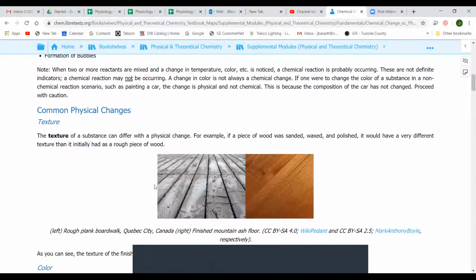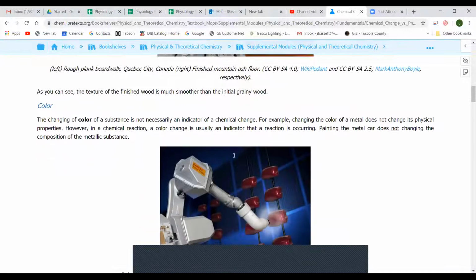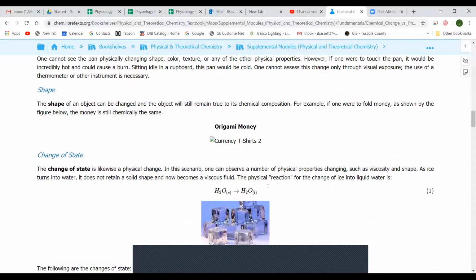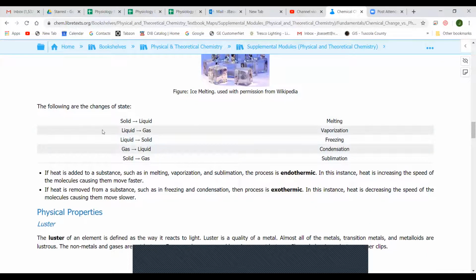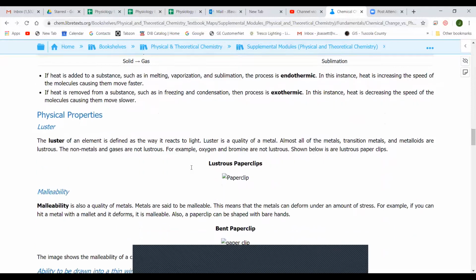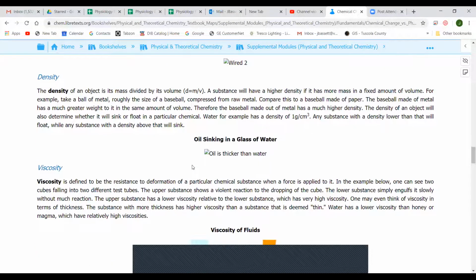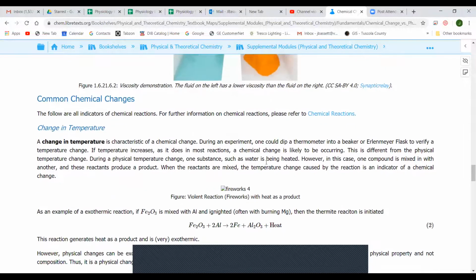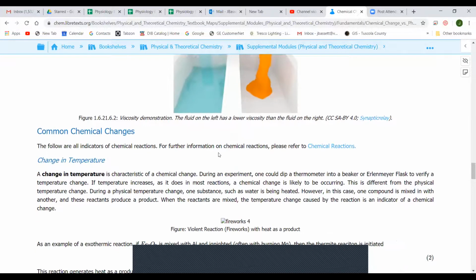Then this website goes on to talk about what texture means, what color means, temperature, shape, changes of state. And then I love this, because you might want to use this a little bit later in the week with your own experiment. Viscosity, what a great example, the difference between molasses and water.